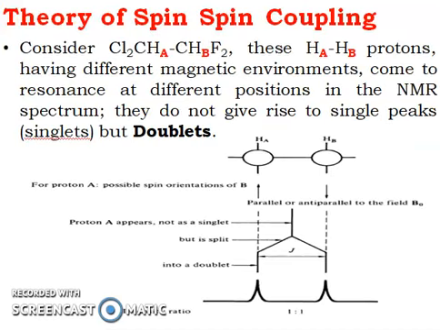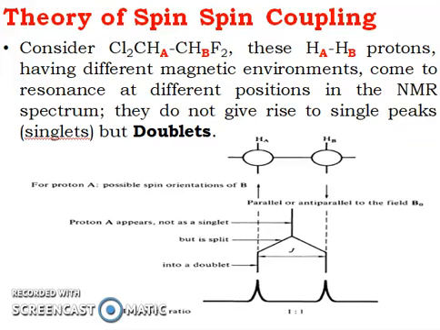As we all know, spin-spin coupling takes place due to the magnetically non-equivalent neighbor protons.